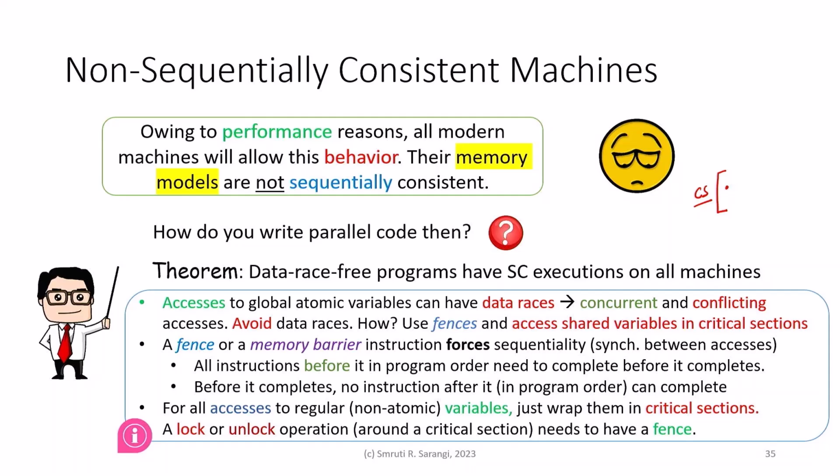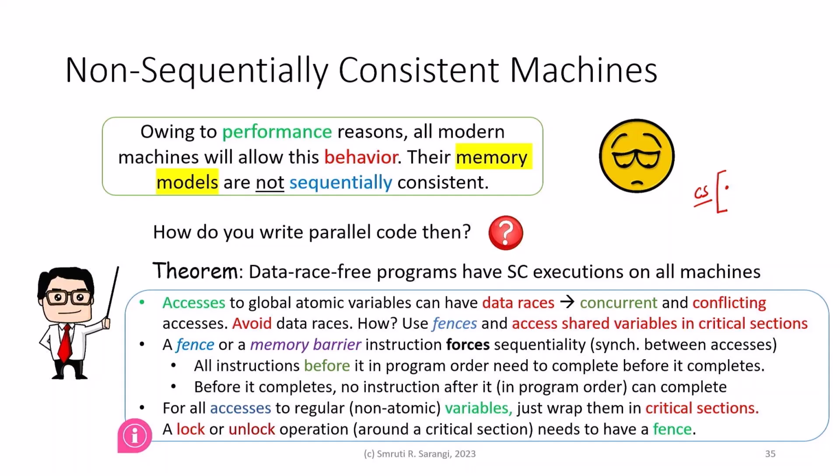If you're using pthreads, the instructions that pthreads will use will be these sync instructions only. So you are establishing some order. The claim of the theorem is that if your program is written in this manner, then regardless of the memory model followed by the underlying machine, your execution will be sequentially consistent.